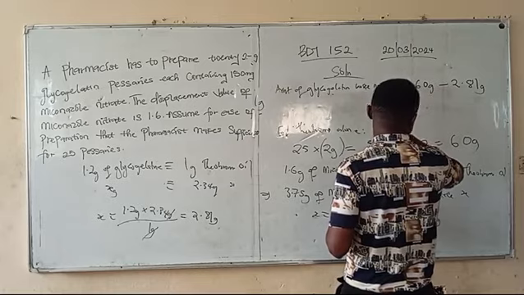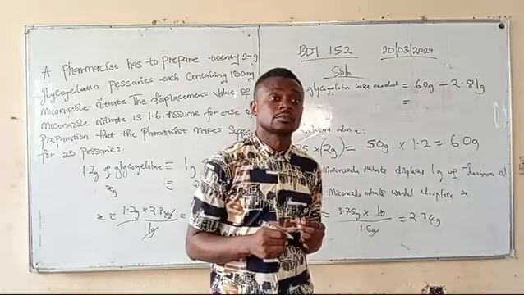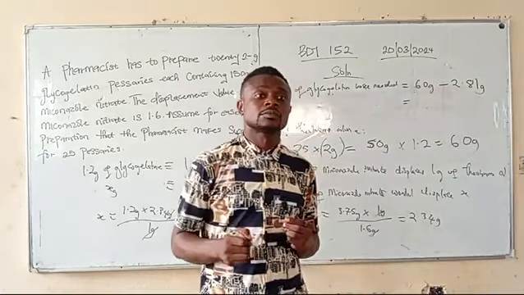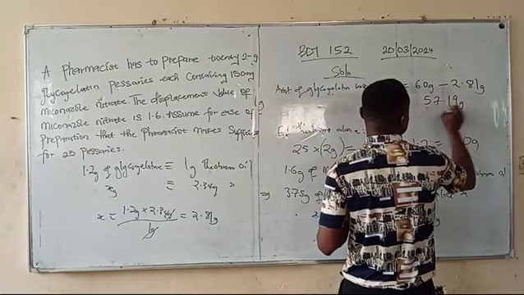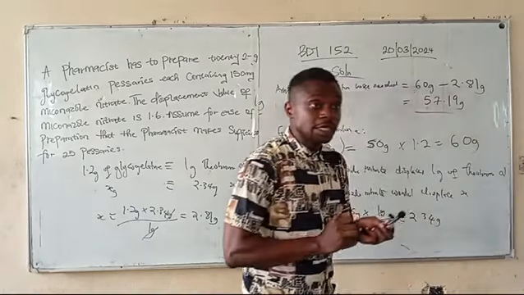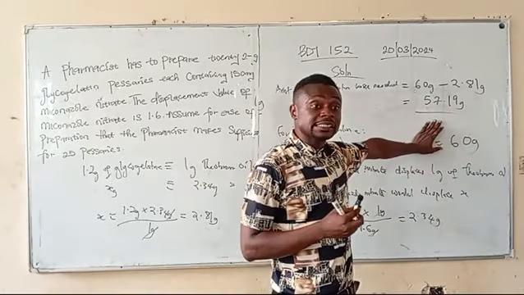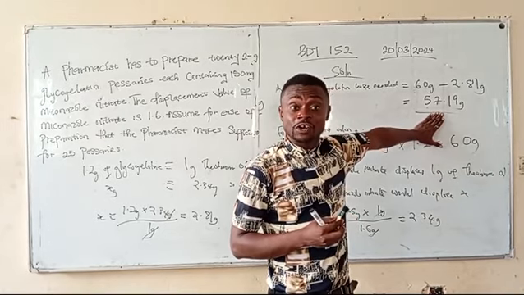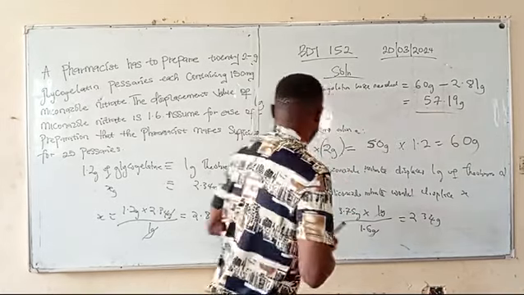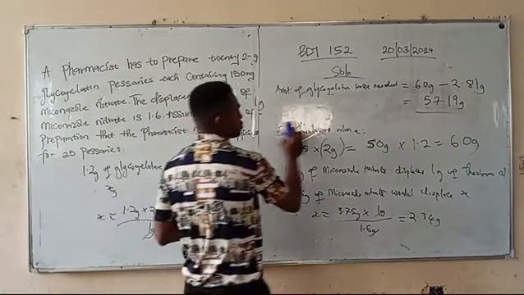What's the answer? 57.19 gram. This is the amount of glycogelatin base needed for the suppository. Now let's write down the formula you use for the production.